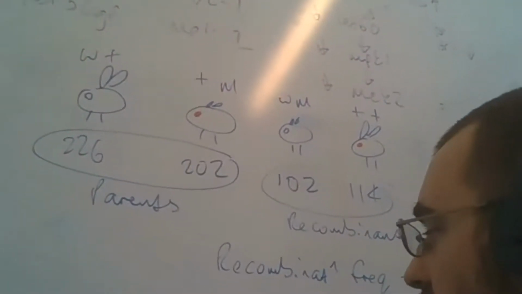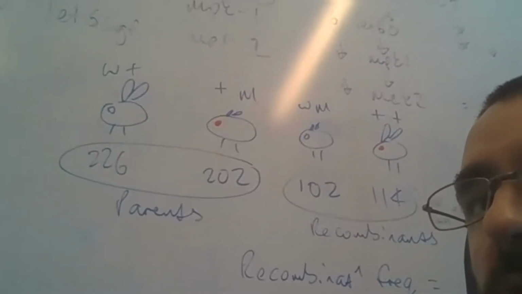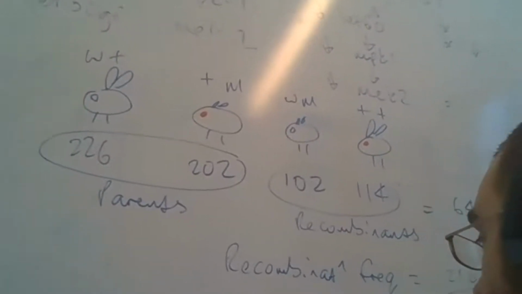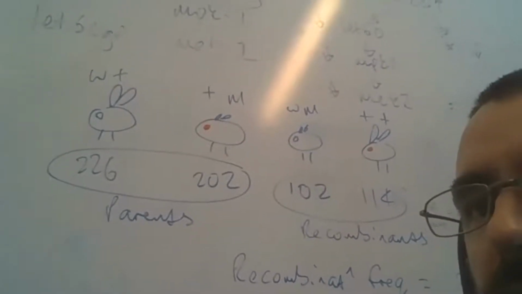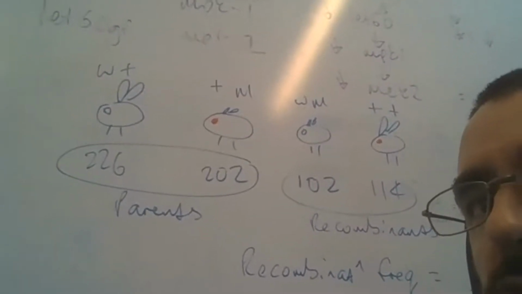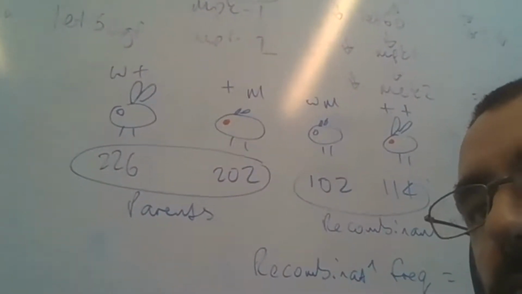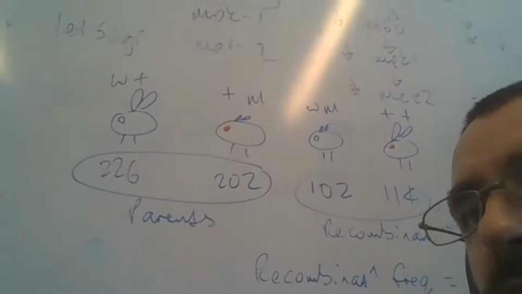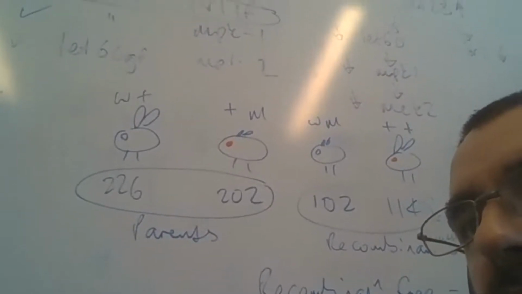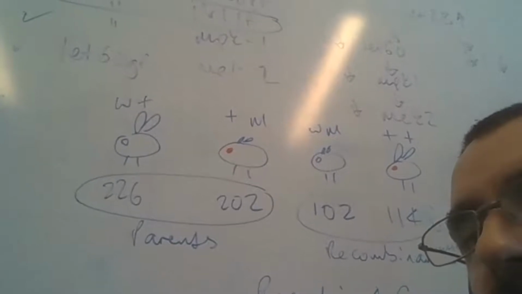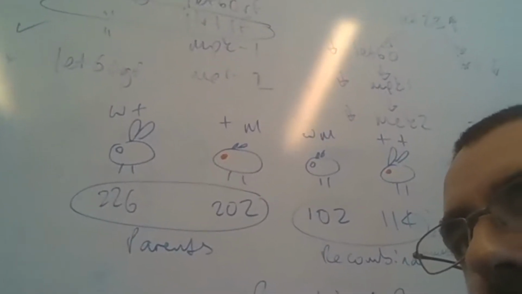So the recombinants are now. What configuration are these two genes in, in terms of linkage in the parents? Cis or trans? Anybody remember? Kind of cast your mind back up.